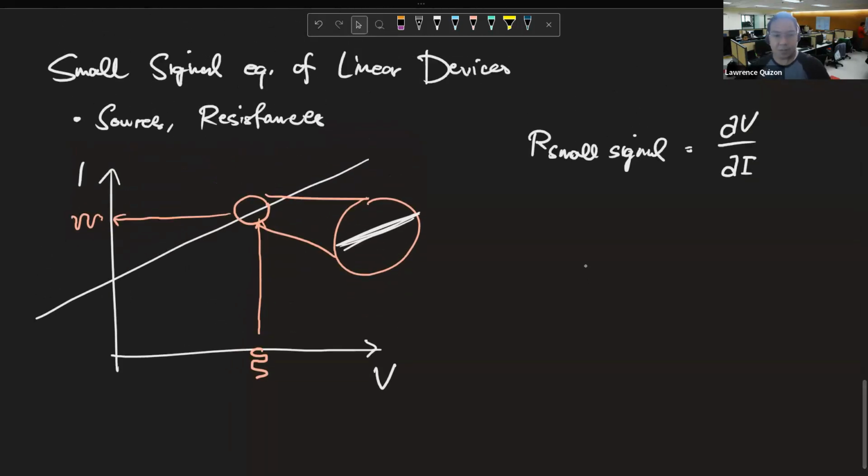Yes, exactly. A resistor. So given a resistor R, this is its IV curve.